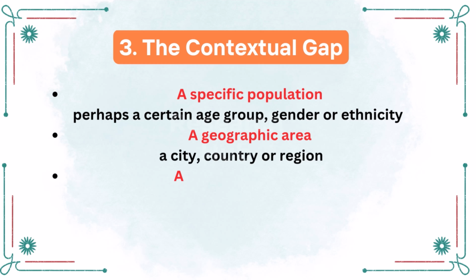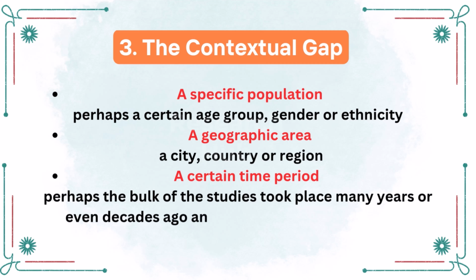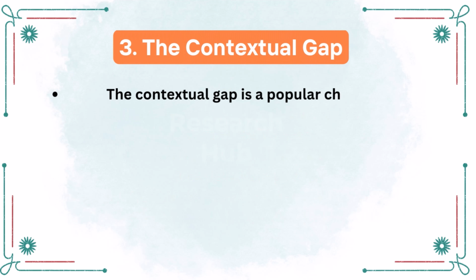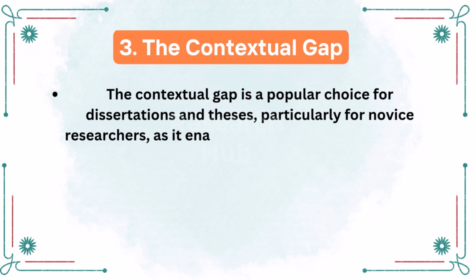A geographic area, for example, a city, country, or region. A certain time period, perhaps the bulk of the studies took place many years or even decades ago and the landscape has changed.